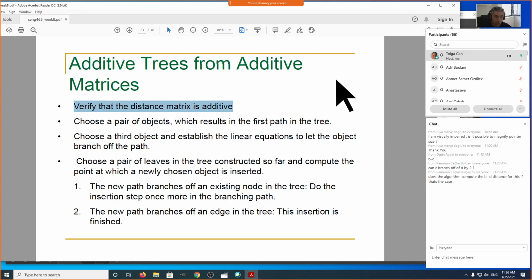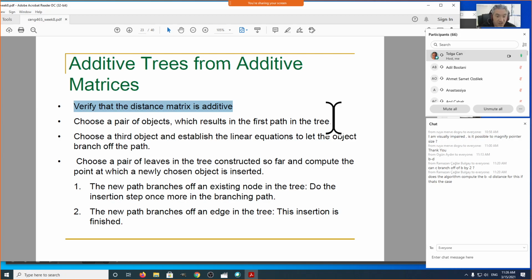It's O(n) cube, but still polynomial, because for every triplet, we have to check whether it satisfies the triangular inequality or not. So it's going to be O(n) cube to verify that the matrix is additive. Then the second step, we just choose a random pair. It's O(1), constant time.